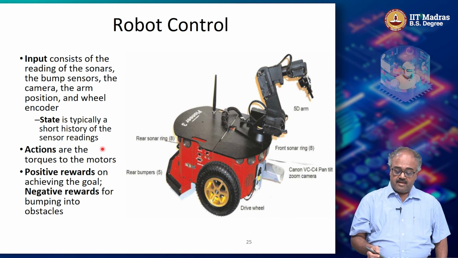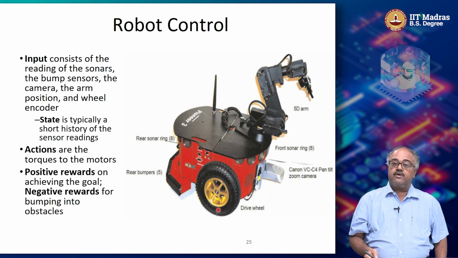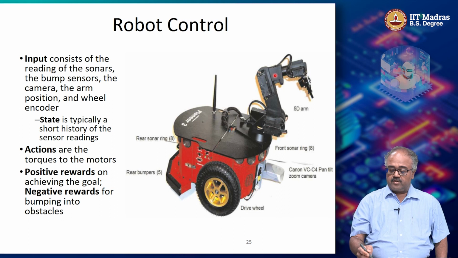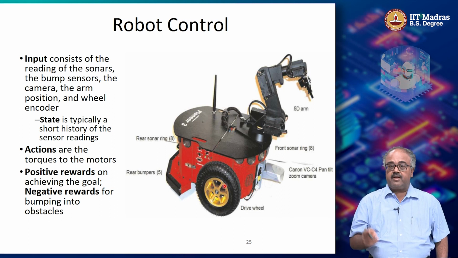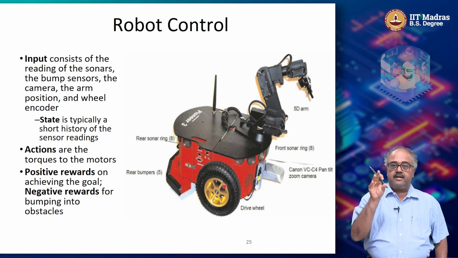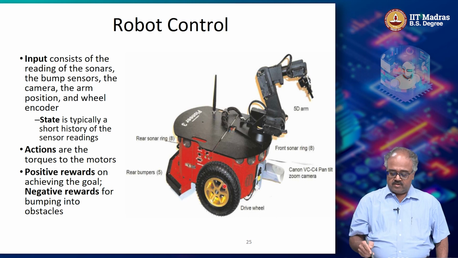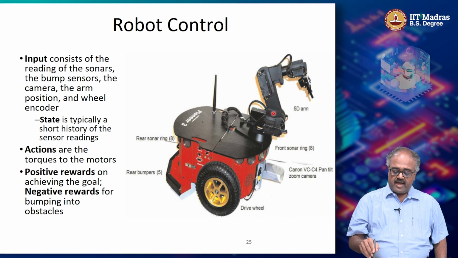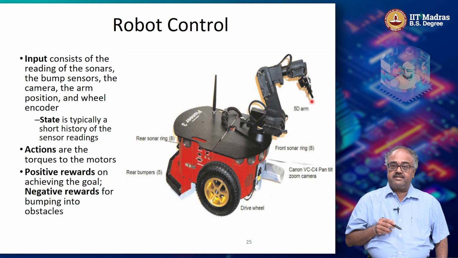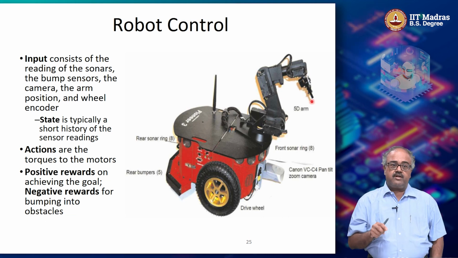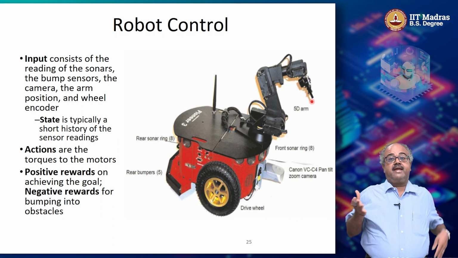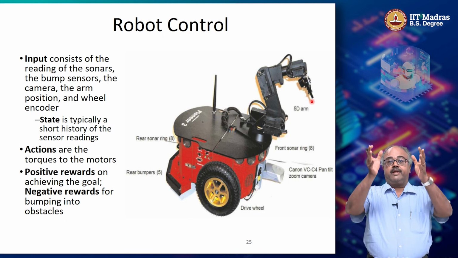The second thing that we have to think about is actions. So what are the actions here? There are many motors. There are motors for the wheels, motors for the arms, and motors for the camera, like pan, tilt, zoom. So there are so many actions you can have for the camera, the motors and wheels, as well as the joints in the arms. All of these are various motors. Your actions could very well be a set of torques that you give to all these motors.